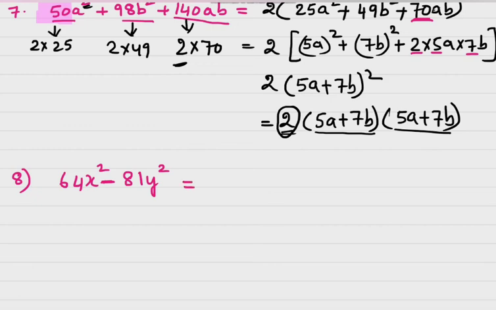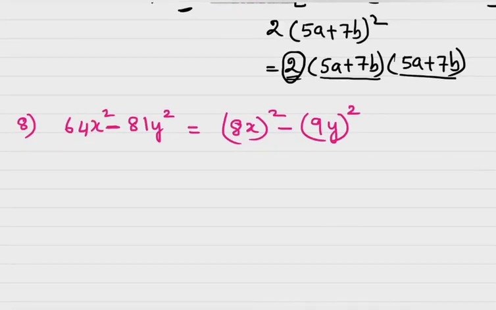Now let us see how you can write 64x square. 64 means 8 square. So 8x whole square minus 81 means 9, so 9y whole square will be your second term. So see, if you consider 8x as a and 9y as b, then you are getting a square minus b square. So children, here you can write this as 8x minus 9y multiplied by 8x plus 9y.